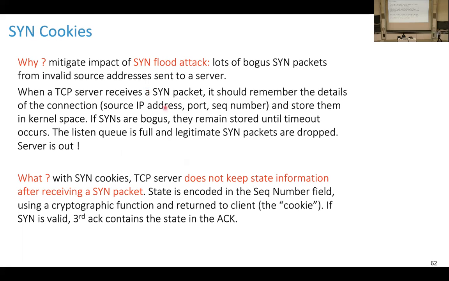It has to store some information: the source IP address of the client, the port number of the client, also the maximum segment size, which we will see after a while, and then store them inside the kernel space. So if you have only one connection, it's easy. But if you have several connections, it's a huge amount of work for the server.